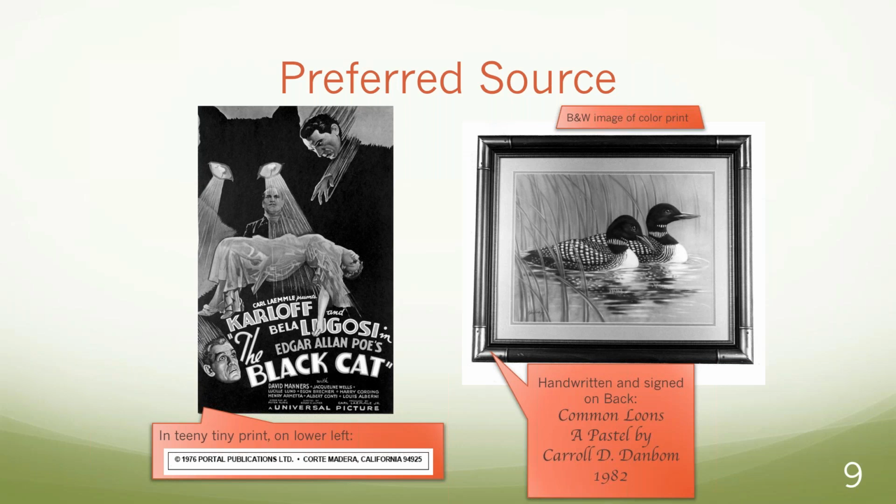On the back side of the painting, we have a title, and then the medium of the artwork and who painted it and the date. So these are our preferred sources when we can get them directly out of the resource itself. So just look around, scan around, and see what you can find for that type of information.